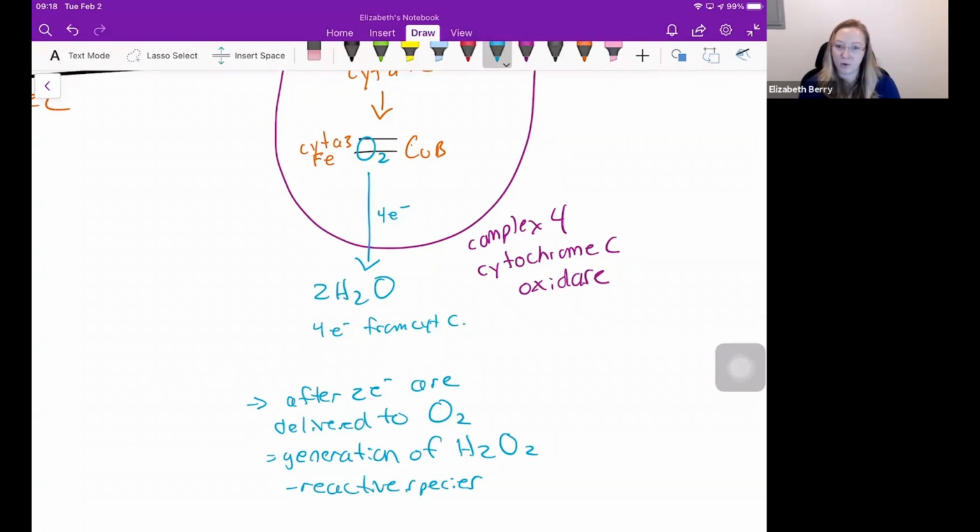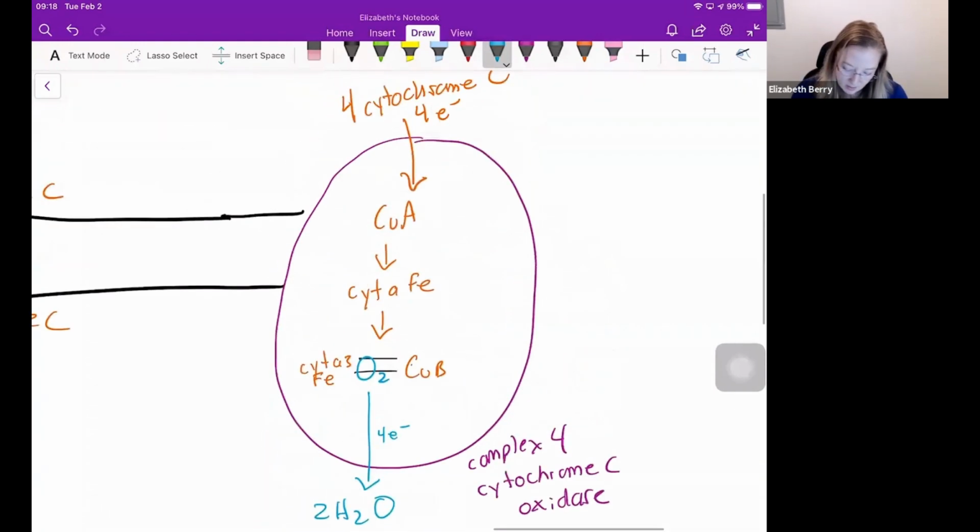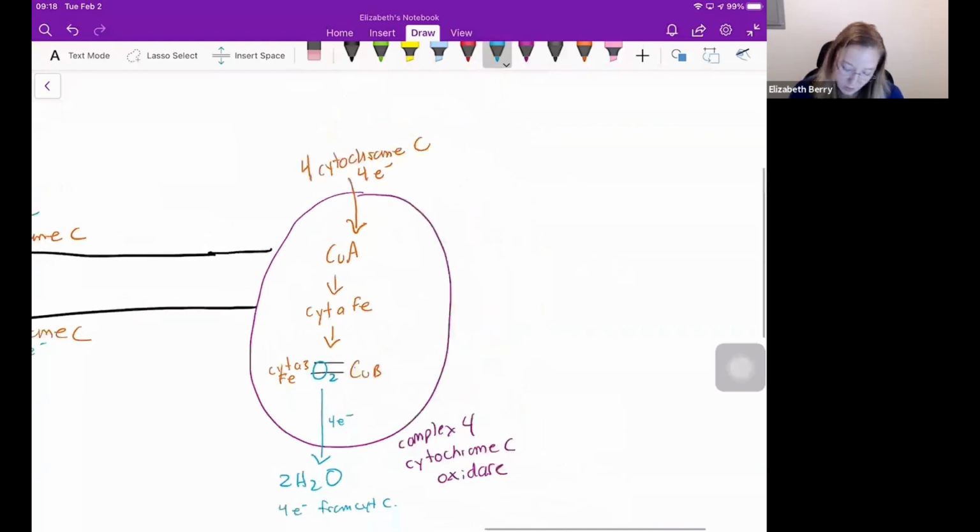So that's why it's important that you have enough cytochrome C to completely deliver all 4 electrons to fully reduce it to water, so you don't have, again, a reactive species sitting around in your cell. This complex, it goes all the way through the membrane, and it can also pump 4 protons.